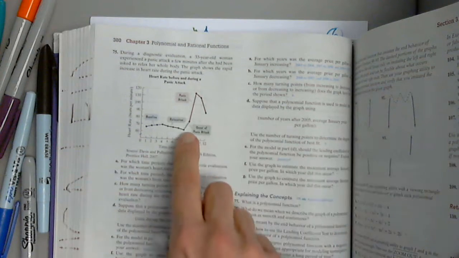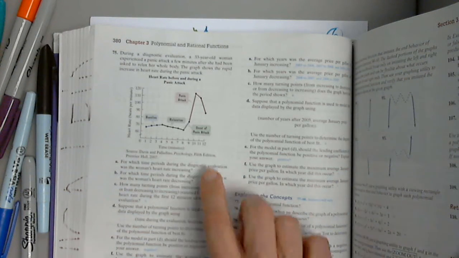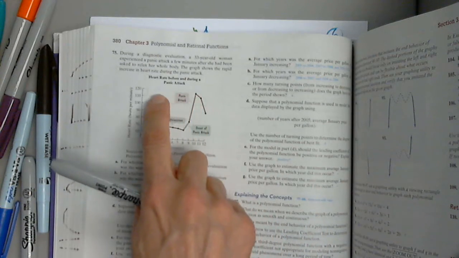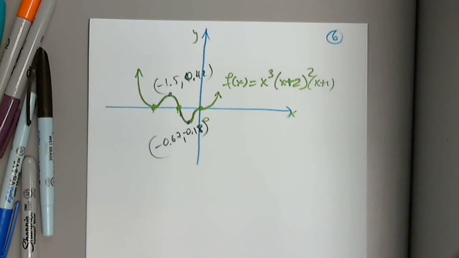It was at 8 minutes, and how much is it roughly? 64, 65, perfect. And what about the maximum? Exactly 10 minutes, how much would it be? 150. So this is a typical example in which a polynomial function of degree 4 will be used to model the data.